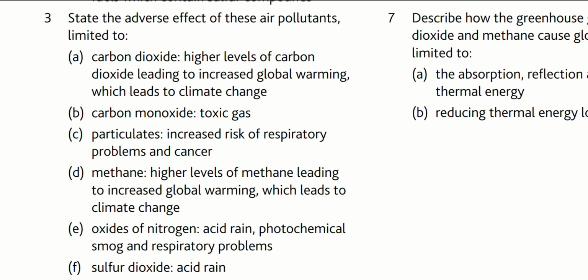High levels of methane also lead to increased global warming, which leads to climate change. However, methane is not as dangerous as carbon dioxide because methane does disappear from the atmosphere after 12 years, but carbon dioxide stays there. Then, oxides of nitrogen cause acid rain, photochemical smog, and respiratory problems. Sulfur dioxide causes acid rain.